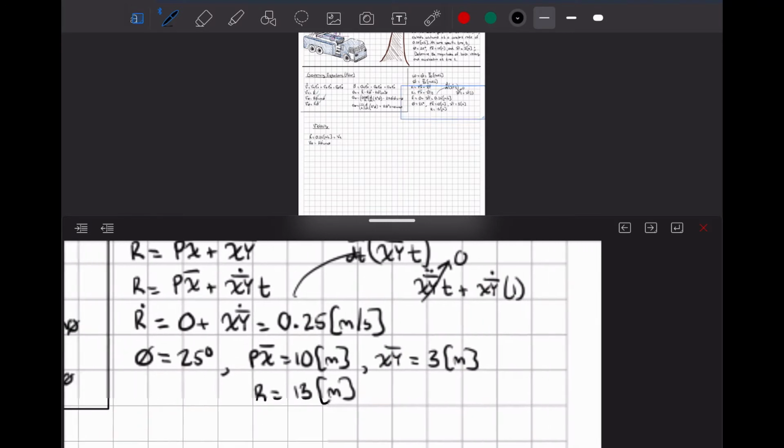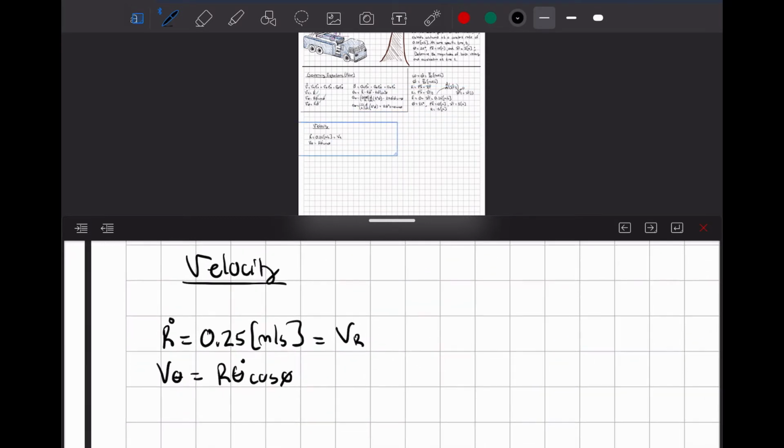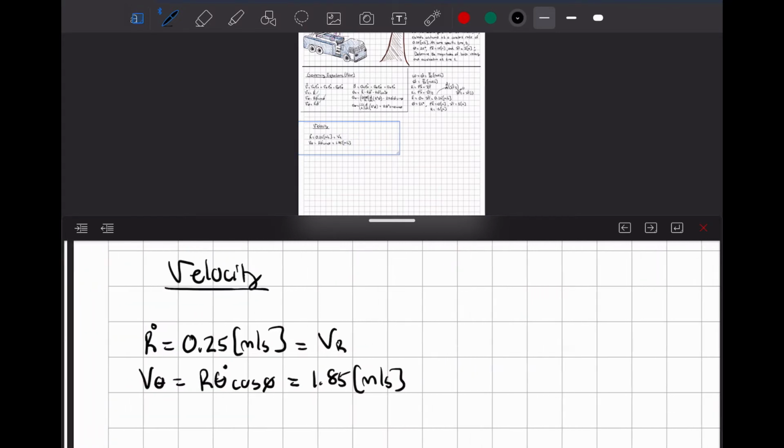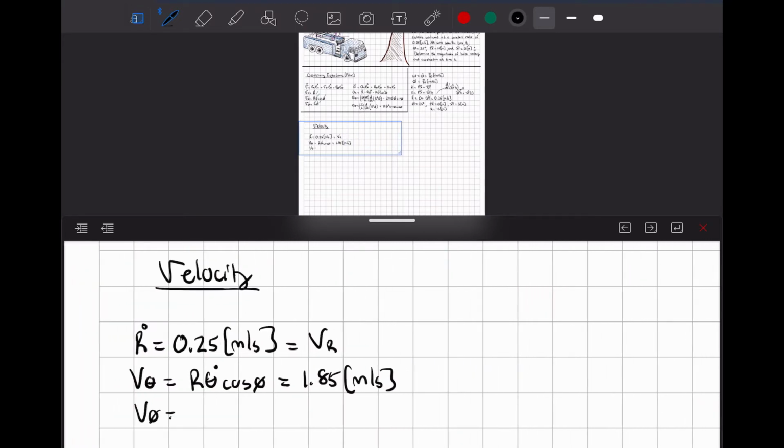And if we plug in our givens from over there, we'll see that this is approximately 1.85 meters per second. And then if we calculate V phi, which is just going to be r phi dot, we'll see that this comes out to be 1.36 meters per second.